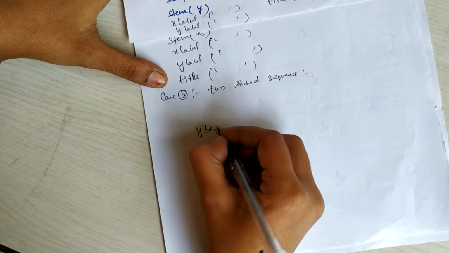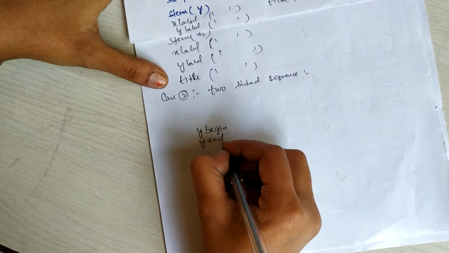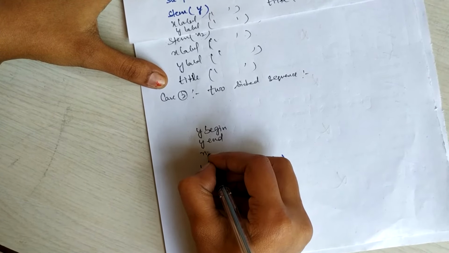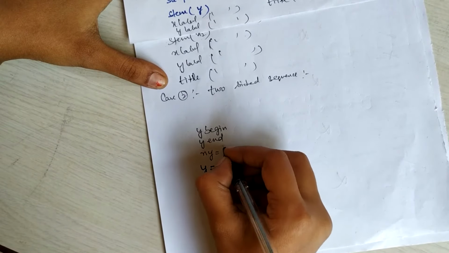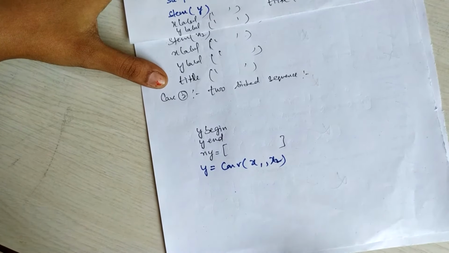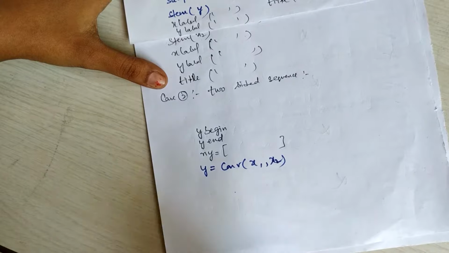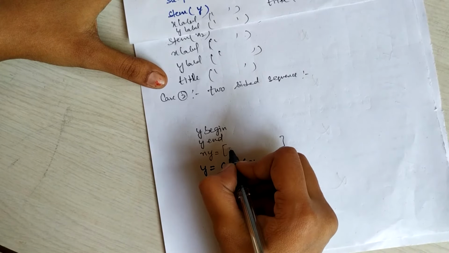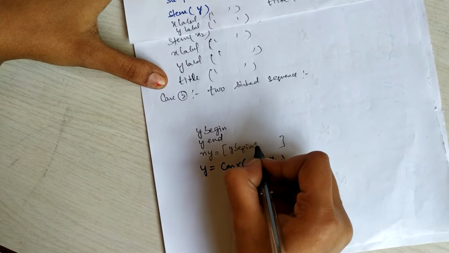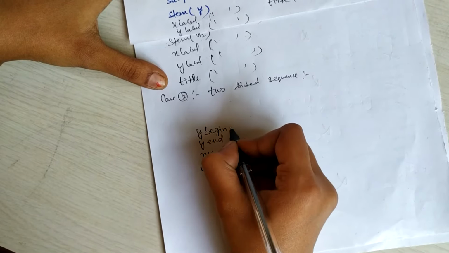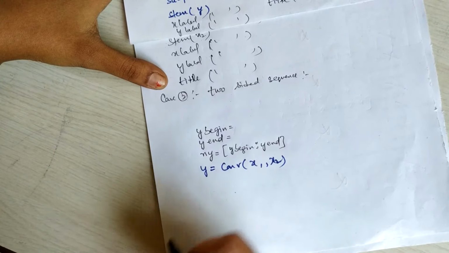Y begin and y end, then ny. So ny indicates the length of that y sequence. It will start with y begin and go to y end. So what is this y begin, and what is this y end?